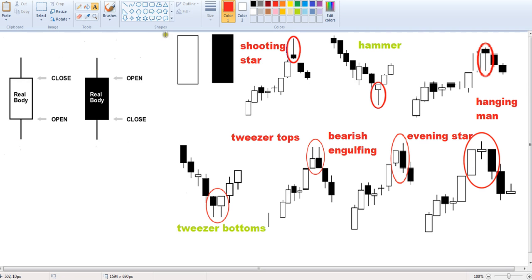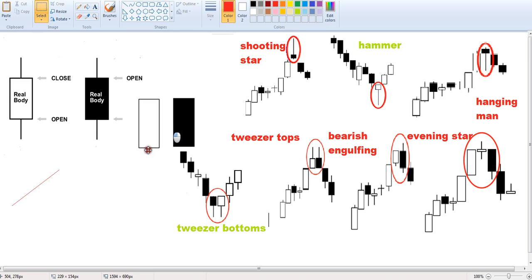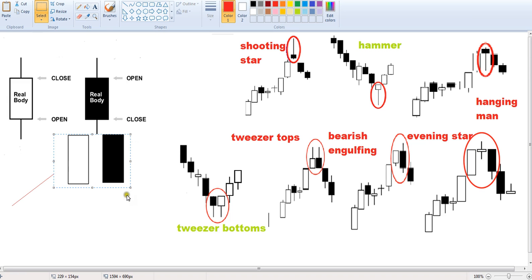Now if you have these two together, whether it's in an uptrend or a downtrend, let's say you have an uptrend, and then you have these right there, that signifies a reversal by itself. I call these railroad tracks.